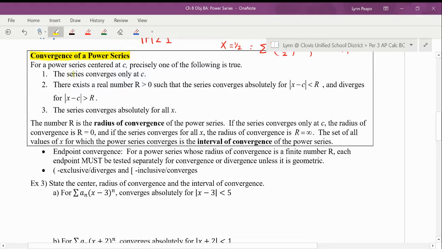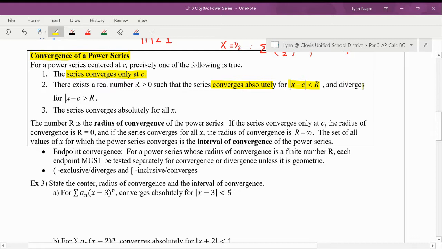One is that the series only converges at its center, so the domain would only have one value in it, and that would be c. The other situation is that there is some number r greater than 0 for which the series converges absolutely when the absolute value of x minus c is less than r.